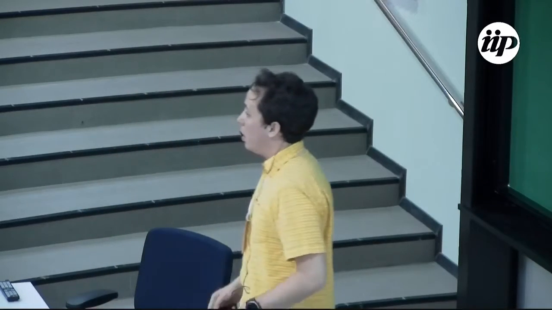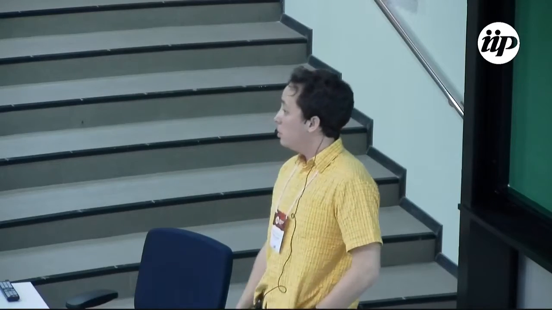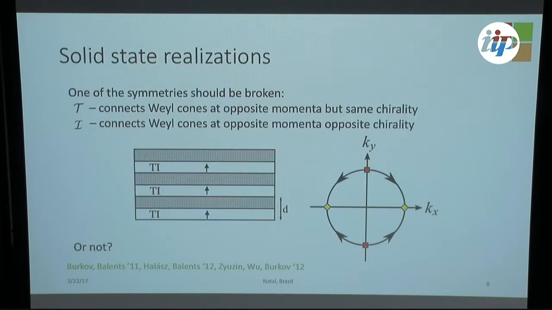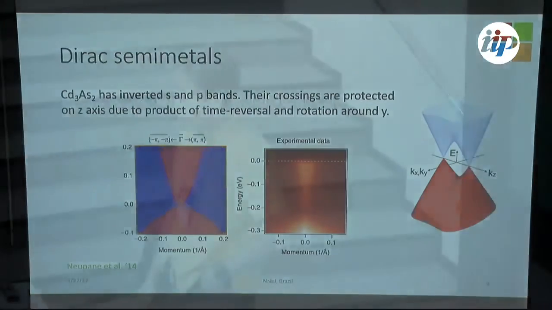Right, but let's return to the argument which I gave before, that when you have both time reversal and inversion symmetry, you can't have a Weyl semimetal. That's true, but actually you can have two Weyl cones at the same position with opposite chiralities, and if you have an additional symmetry, you can forbid these Weyl cones from coupling together. So the systems which have these additional symmetries, which have two overlapping Weyl cones, are called Dirac semimetals.